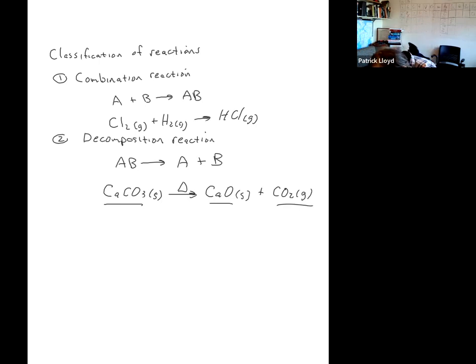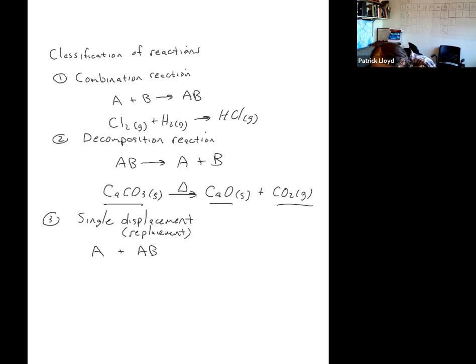The third type is what's called a single displacement. Now, some people call them replacement, which is fine. I'm going to call them displacement right here. Actually, your textbook uses replacement. In this reaction, what happens is you have something like an element reacts with a compound that has two parts.